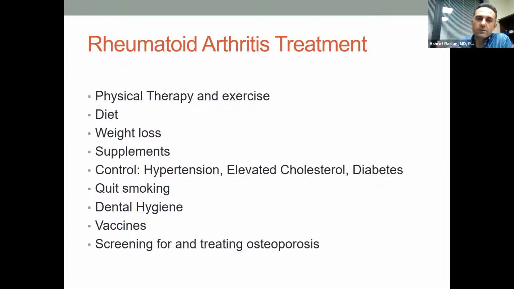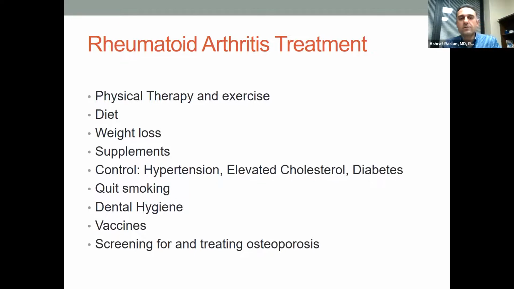So this is why exercise is important for everyone who has rheumatoid arthritis. The key is to do it safely, with controlled exercise, and if an exercise is triggering pain, then maybe it should not be done, or you should consult a therapist or the doctor just to make sure you're not causing any joint damage.